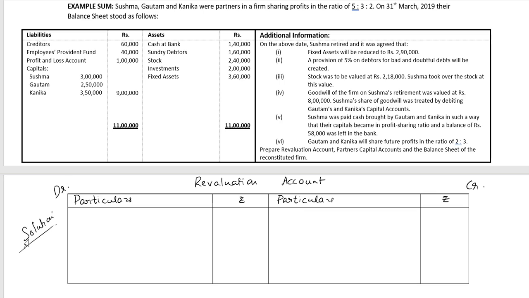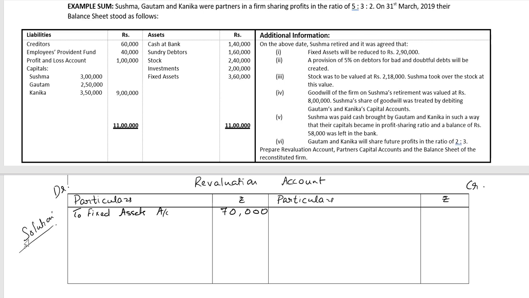We'll begin with the first point. It says fixed assets will be reduced to rupees 2,90,000. The current value is rupees 3,60,000. We need to reduce fixed assets by rupees 70,000. To fixed assets account, 70,000 rupees.